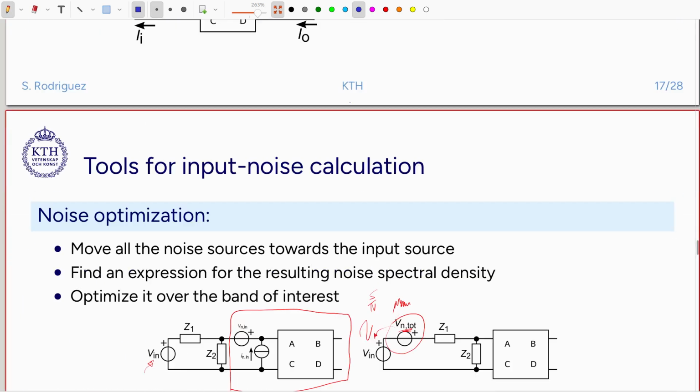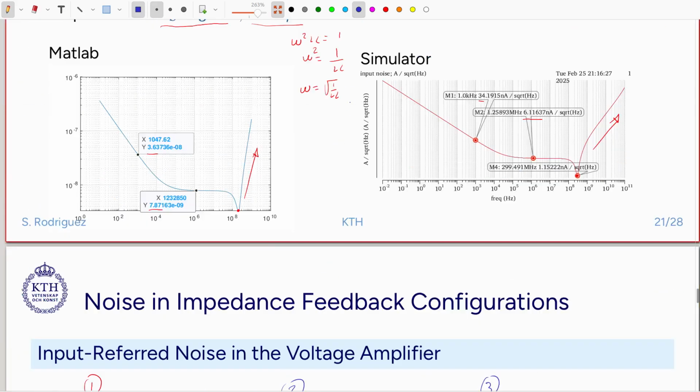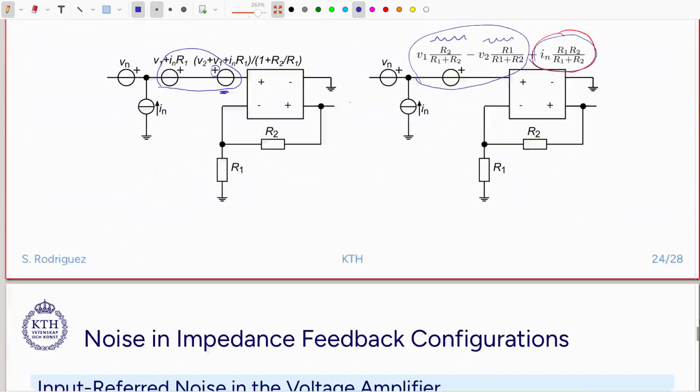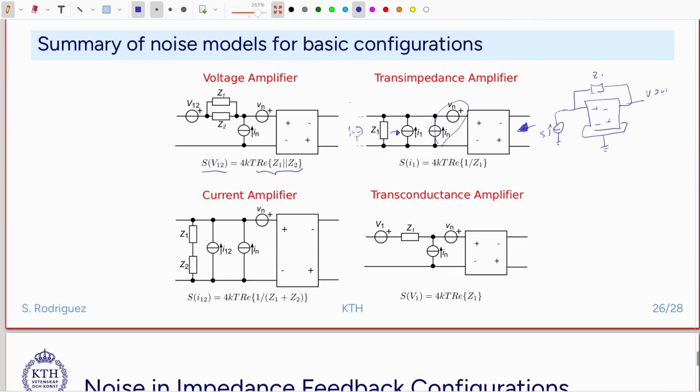If we go to our model here, whenever we need to move this input referred voltage noise towards the current, we will need to divide it by Z1, so Vn divided by Z1, and Vn contains 1 over f noise and white thermal noise.